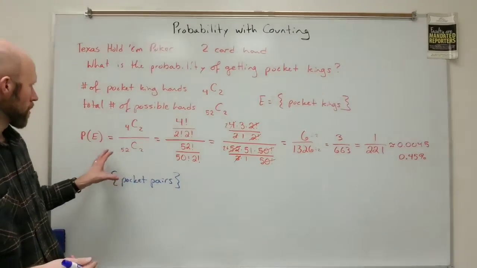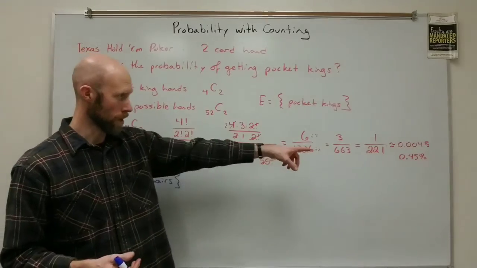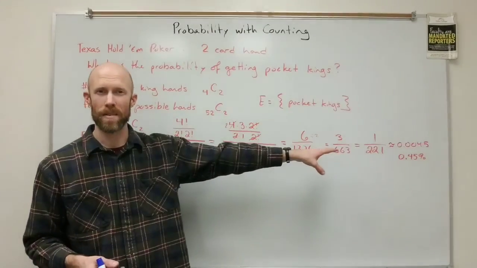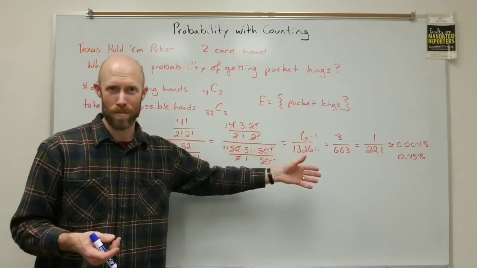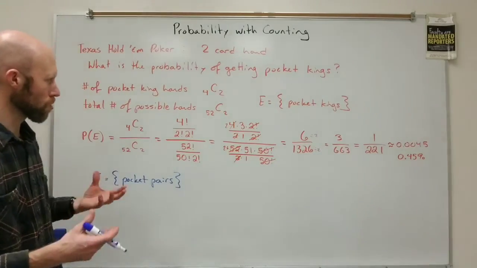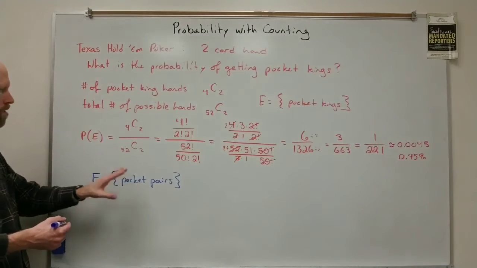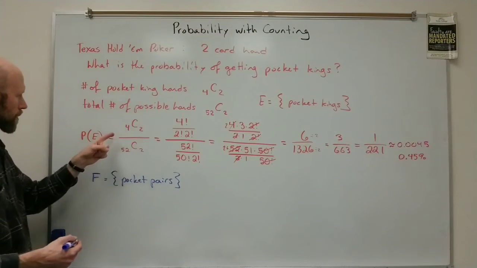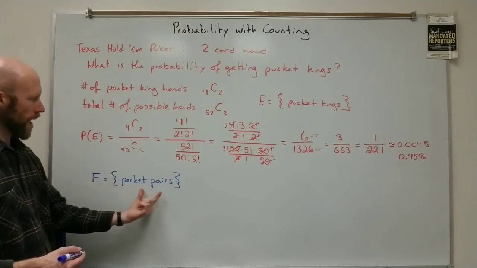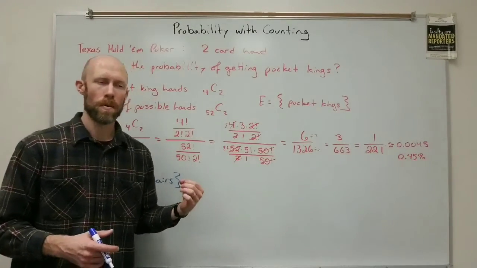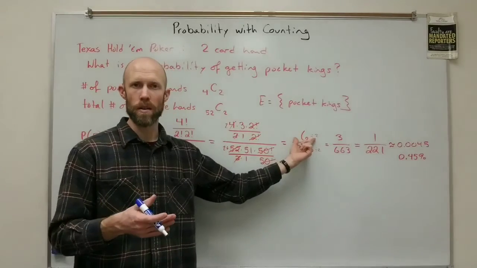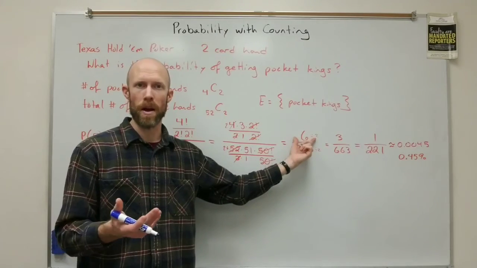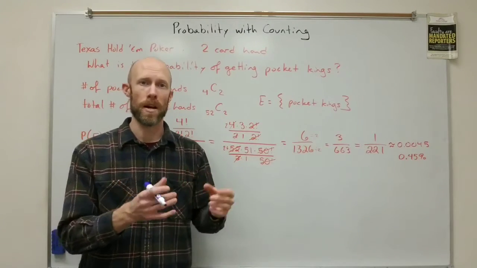So the probability of getting pocket 2s would be 0.45%. Probability of getting pocket 10s is 0.45%. And so when you total all that up for pocket pairs, you add up the number of ways to get each one: 6 different ways to get each number as a pair.